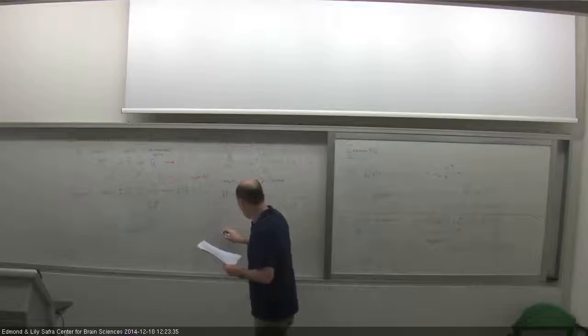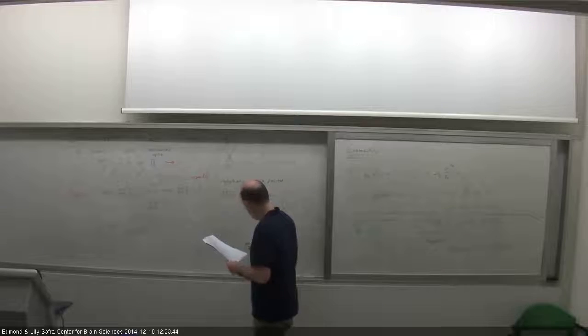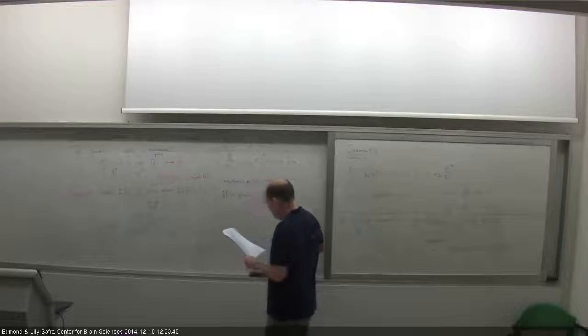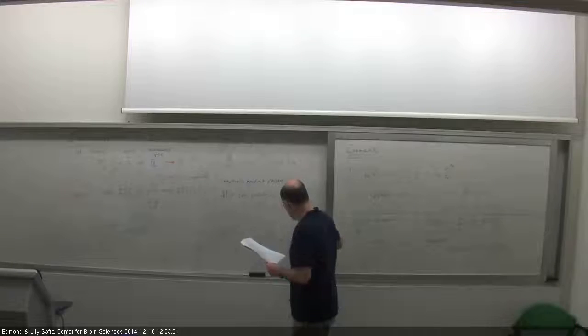Okay, so eta is what we call the learning rate. And if I write it in matrix form, it's delta W equals eta times (W transpose to the minus 1 minus x h(u) transpose).